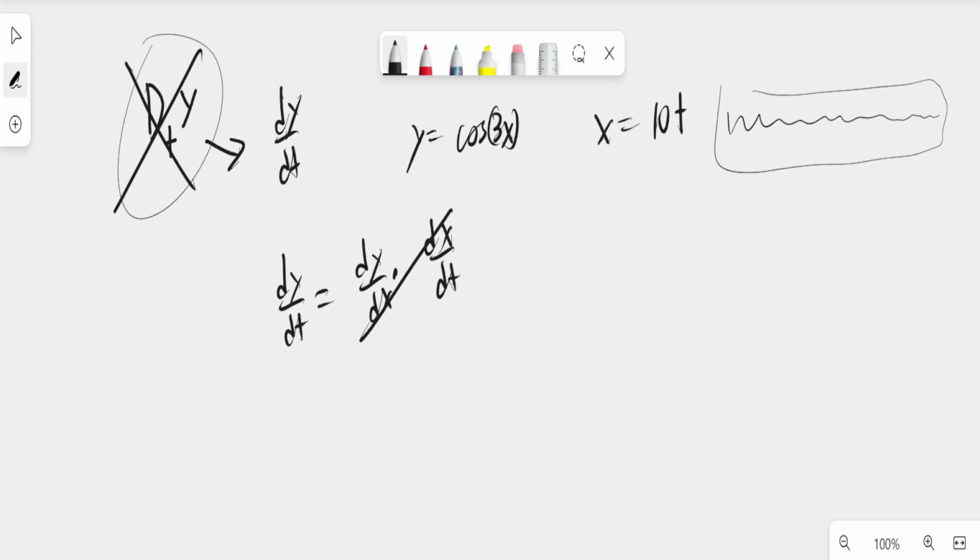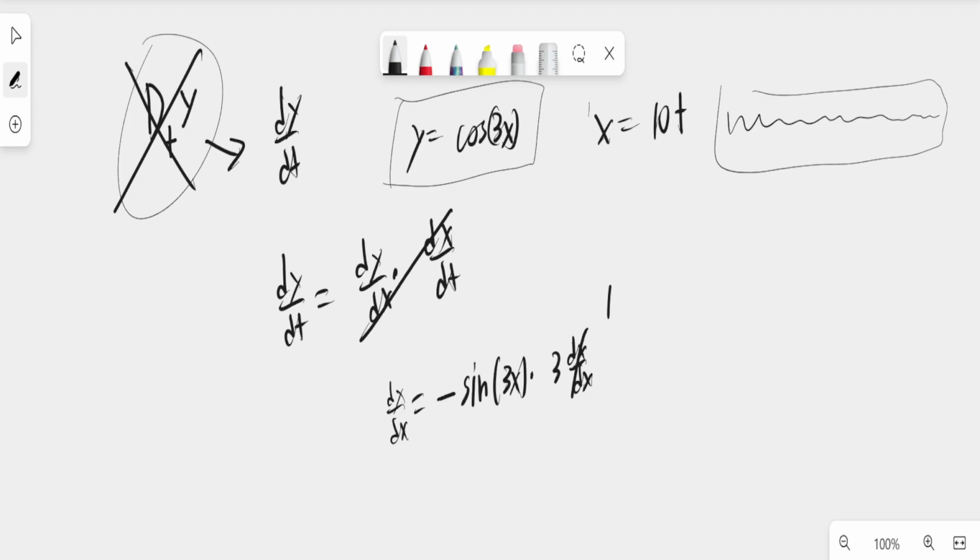So let's find dy/dx. What's dy/dx? It's negative sine 3x times 3, times dx/dx, which cancels out to become 1. I'm just doing this for show, so you get that in your head. So that's dy/dx.